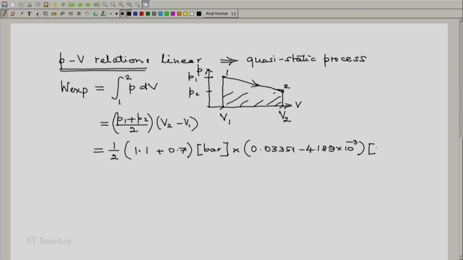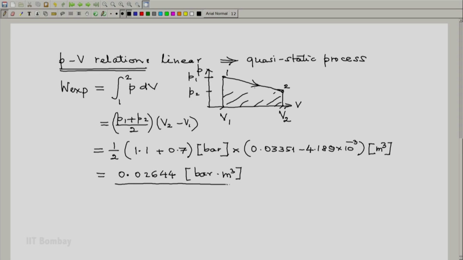This is volume, so that is meter cube. And when we multiply this out, you will get a value which is 0.02644, and the units will be bar meter cube.